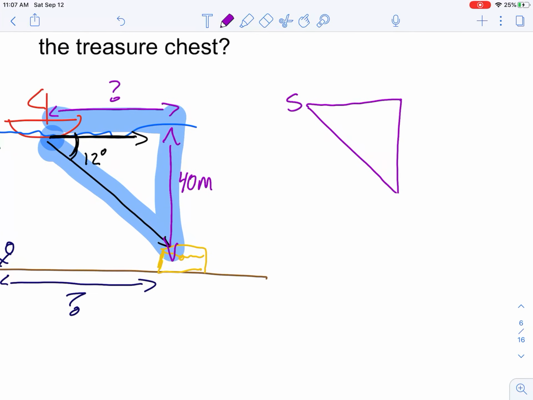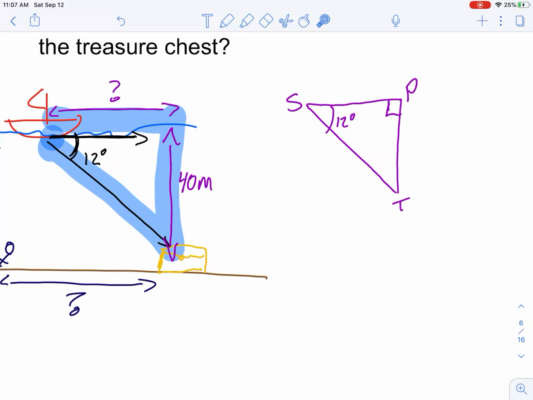So we have, I'm going to represent this as S because that's where the ship is. This as T, that's where the treasure is. And then this can be anything, I'm just going to represent it as P. So now I have a triangle, and recognize this is a 90-degree angle because it's straight across and straight down. This is a horizontal, this is straight up, so that creates a 90-degree angle. This here is our 12 degrees.